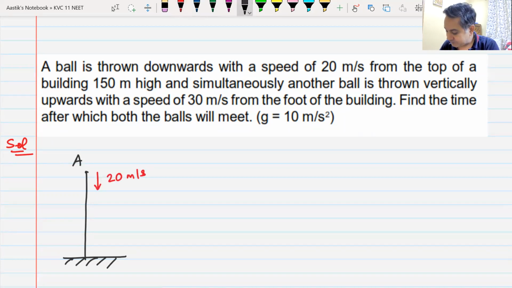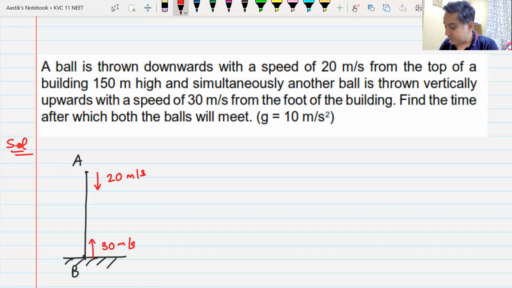Then you have ball B. You are throwing it vertically upwards with a speed of 30 meters per second. We understand this, yes or no?